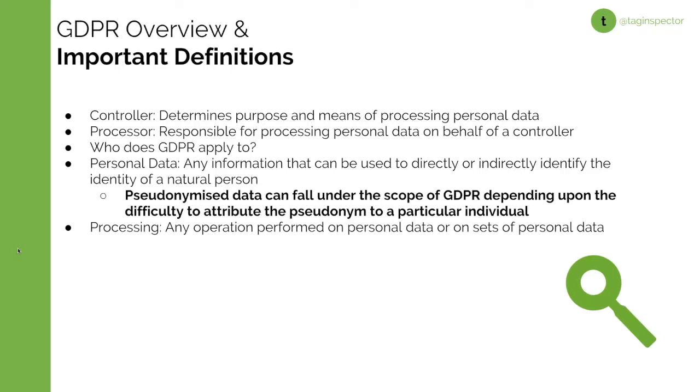It's any information that can be used to directly or indirectly identify a natural person. Again here, pseudonymized data can fall under the scope of GDPR, depending somewhat on the difficulty of attributing that pseudonym to a particular individual. If it is a unique anonymous identifier, such as a client ID or a cookie ID that's associated with an individual, that does fall under that definition of personal data.